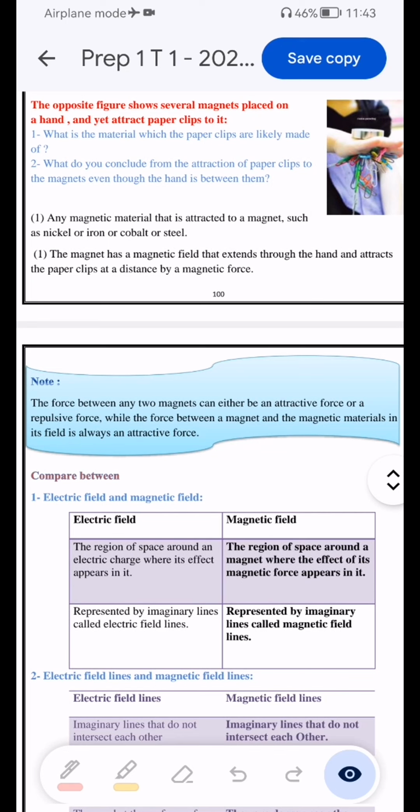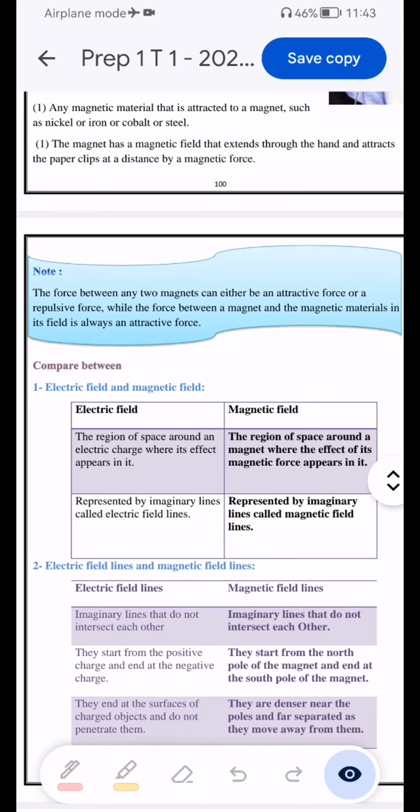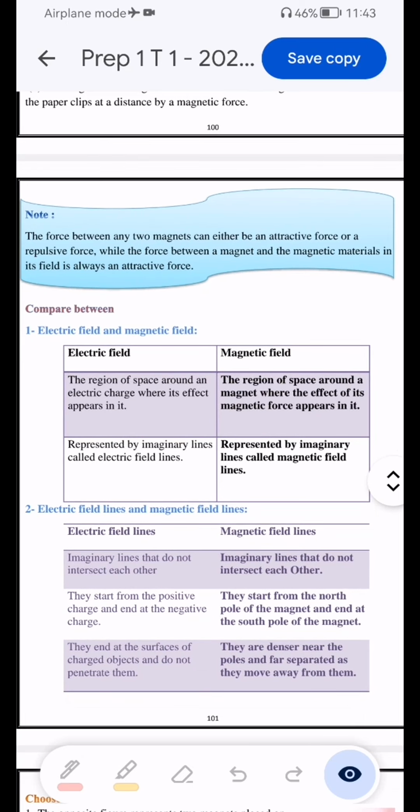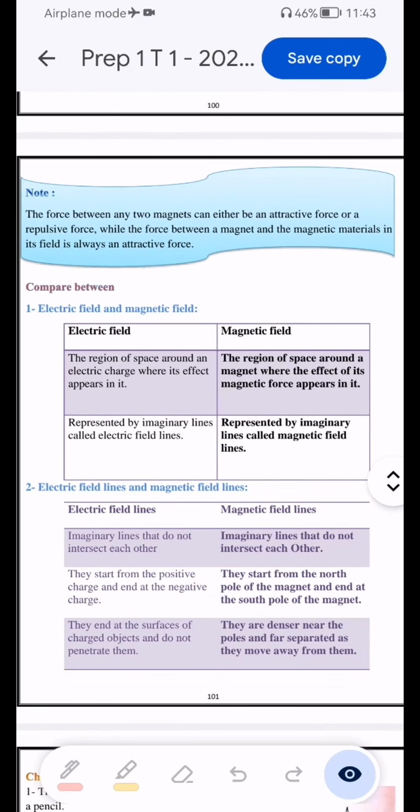There is no repulsion. If a magnetic material is found in a magnetic field, it will only be attracted. Look at the note: the force between any two magnets can be either an attraction force or a repulsion force, while the force between a magnet and a magnetic material in its field is always an attractive force.